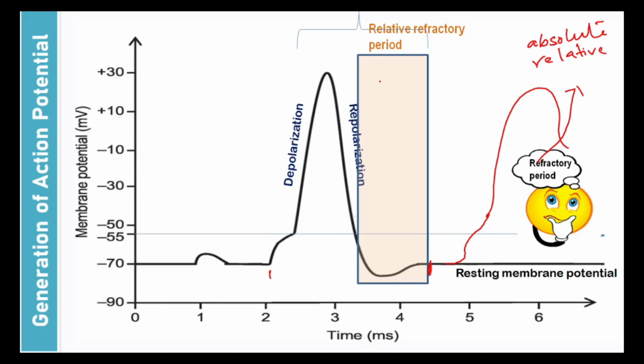This is the period of time, as we have discussed about the time here, during which a second action potential can be initiated. During this period, when it is near the resting membrane potential, another action potential can be initiated, but only by a larger than normal stimulus.